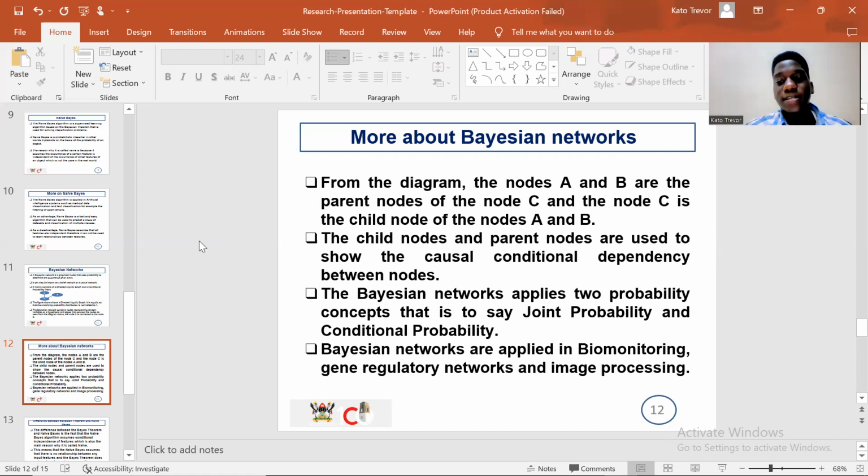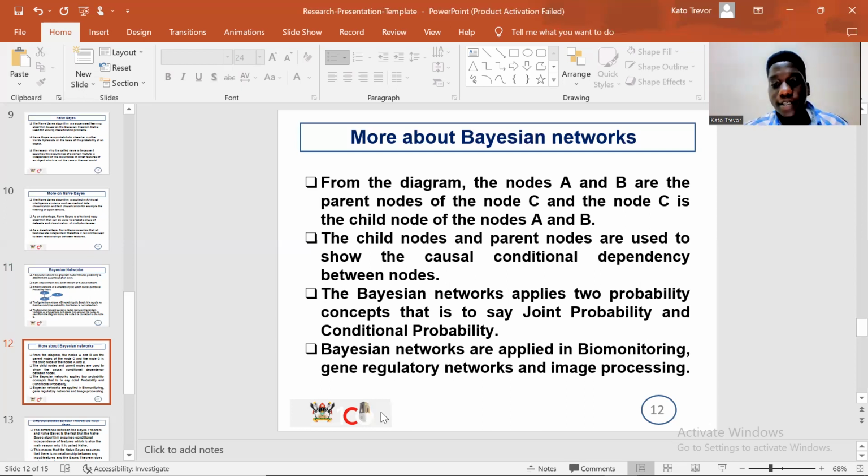So Bayesian networks are applied in biomonitoring, gene regulatory networks, and image processing, because Bayesian networks can be used in these different artificial intelligence systems. Their concepts are most times used also in hospital and medical places.